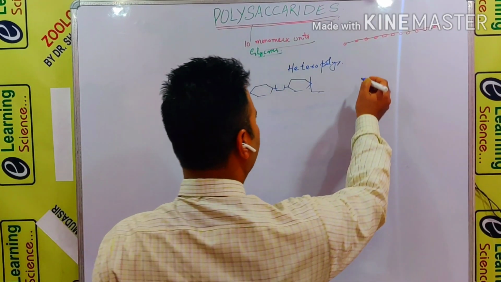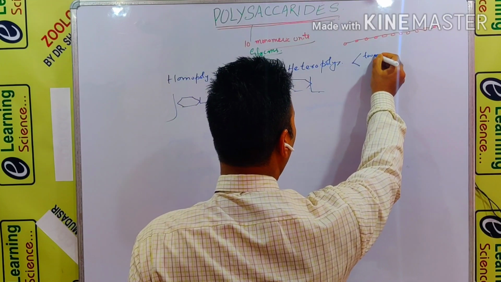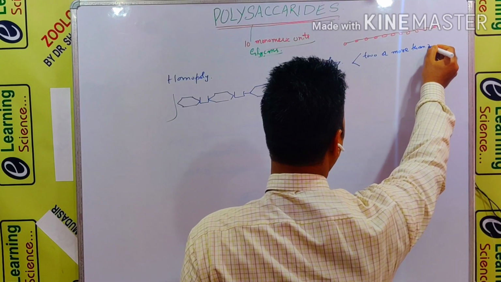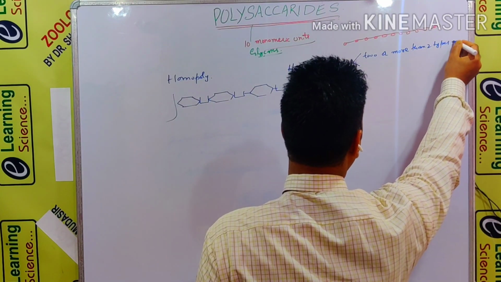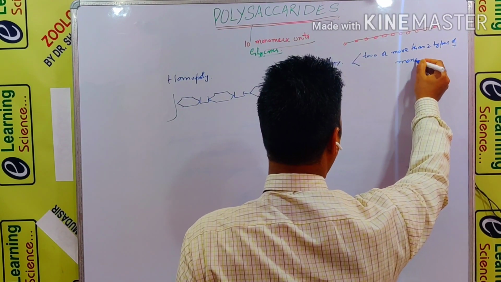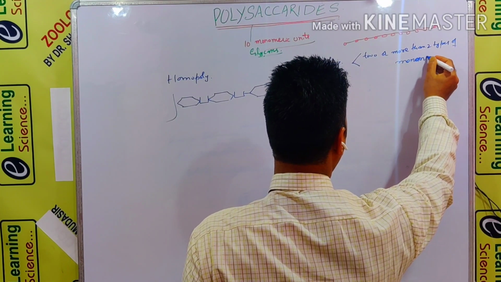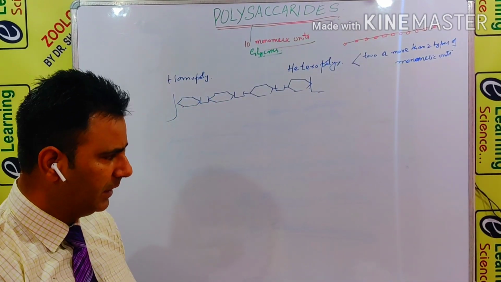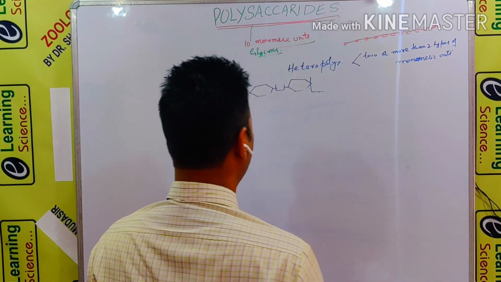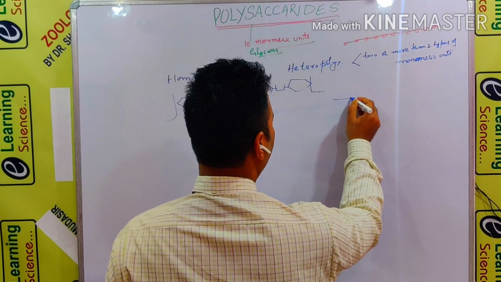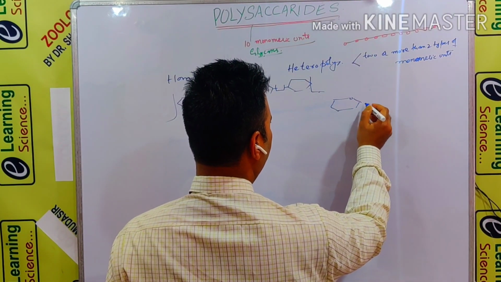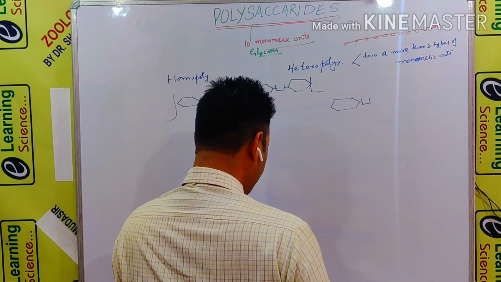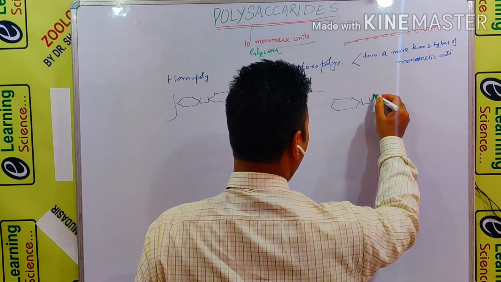And a heteropolysaccharide may contain two or more types of monomeric units. Heteropolysaccharides may look like this. We have one type of monomeric unit, and then some other type of monomeric unit, maybe in green, I will show you.